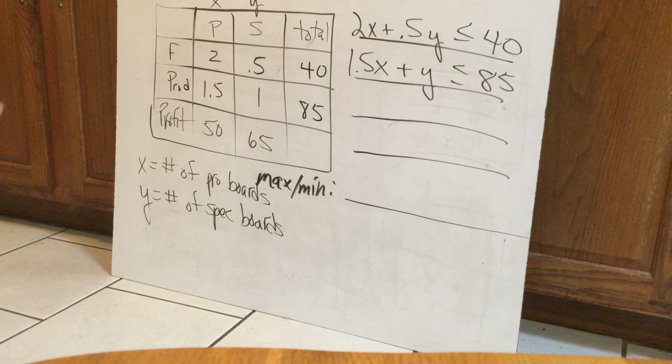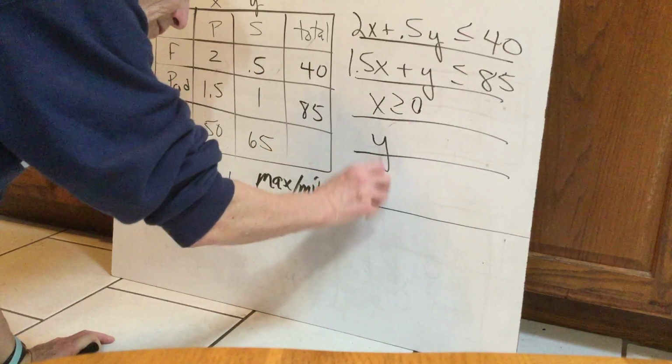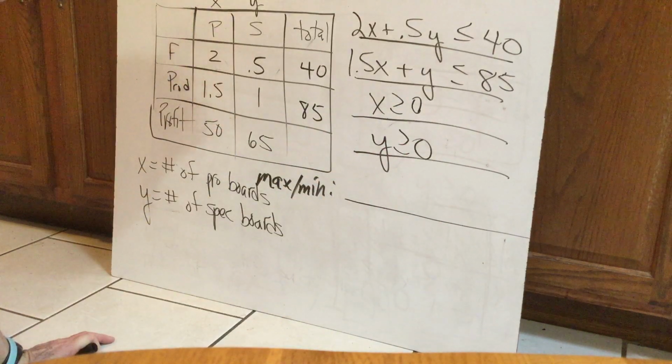All right. So we're ready to go. Oh, wait. What else do we know? We know X and Y are both bigger than or equal to 0.